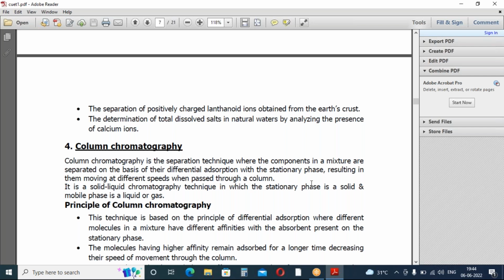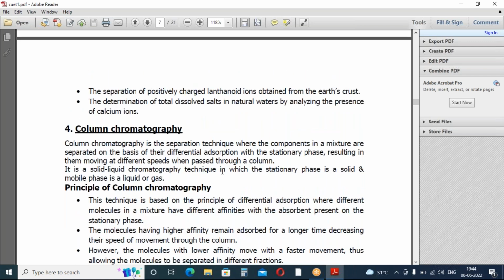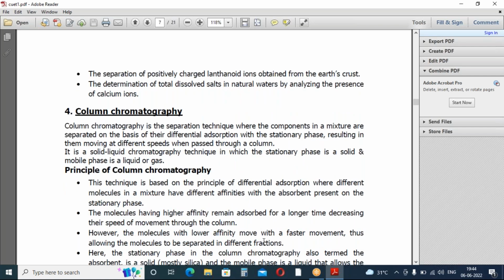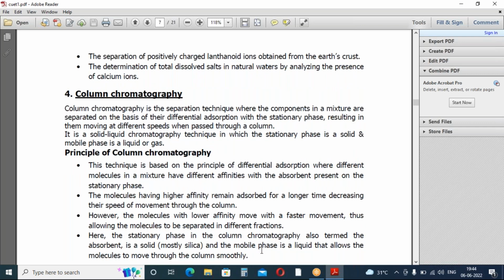The molecules having higher affinity are adsorbed onto the stationary phase for a longer time, and that decreases the speed of movement through the column. Whereas if the molecules attach with lower affinity, they move faster, and thus allow the molecules to separate quickly.